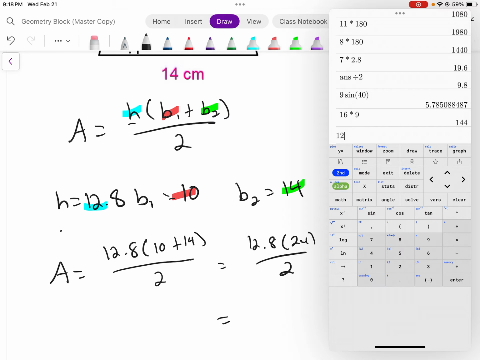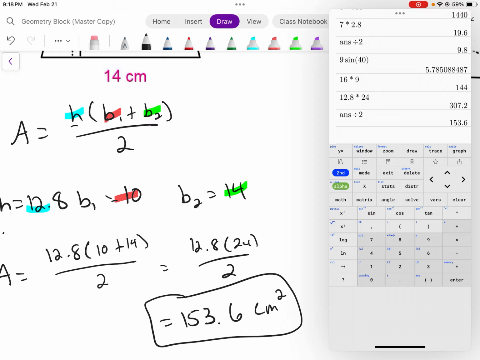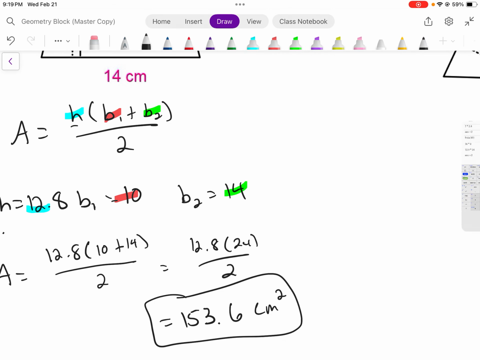So this is 12.8 times 24, enter, divided by 2. So the area is 153.6. Our unit was centimeters, so square centimeters. Area is always in terms of square units.